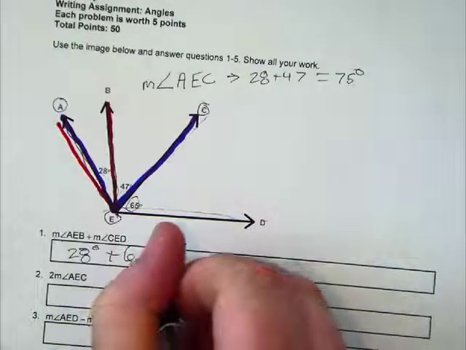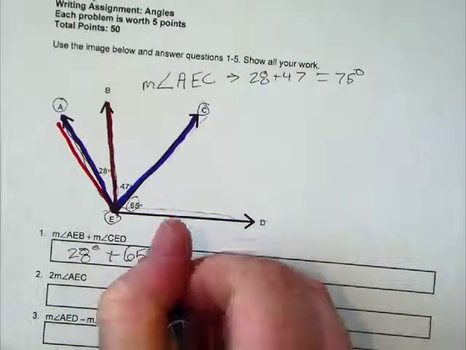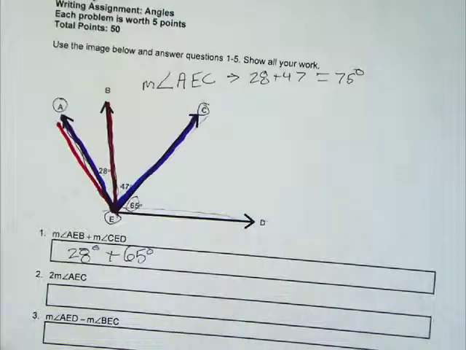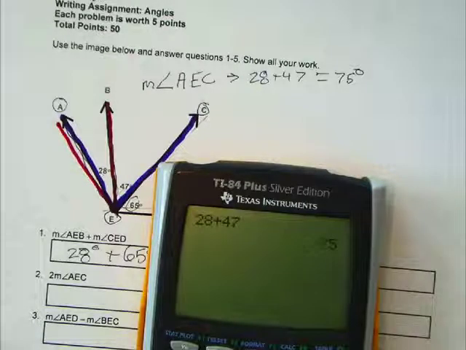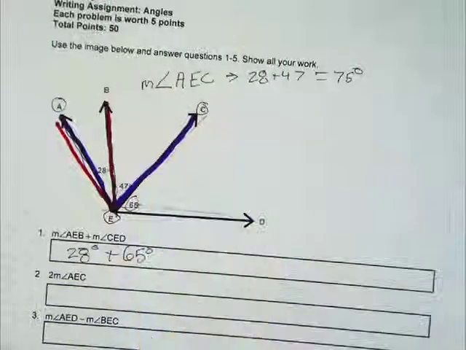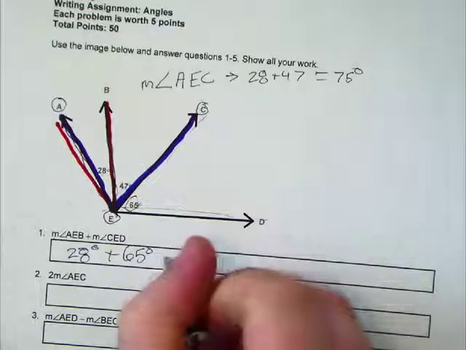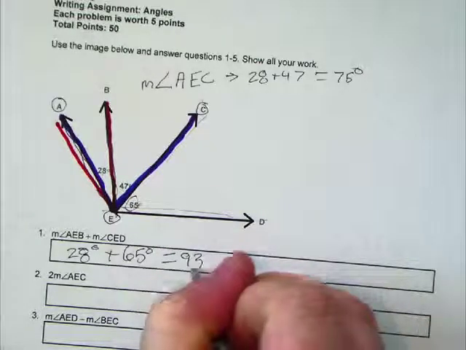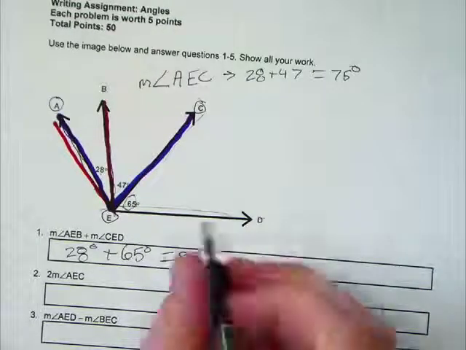So I would say 28 degrees plus 65 degrees is, and again, just use the calculator, 28 plus, not times, plus 65 equals 93 degrees. And as you move on, don't forget the degrees.